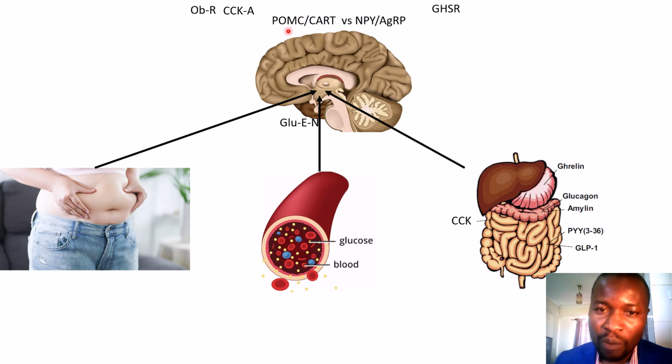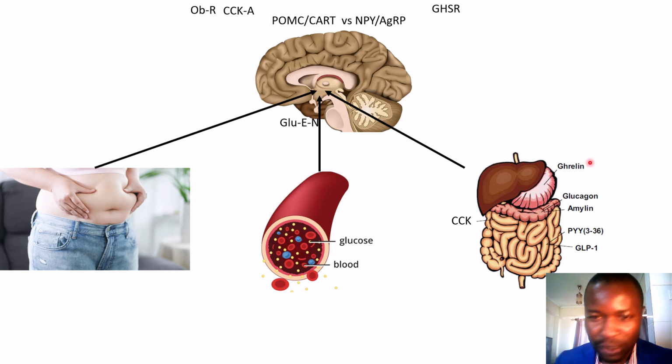This is pro-opiomelanocortin, and this is cocaine and amphetamine regulated transcript. If you have these two products, they usually shut down the hunger drive while they activate the satiety center. So you stop eating. Remember, stopping eating is something that we do subconsciously because of these gut hormones. So that's all about gut hormones.